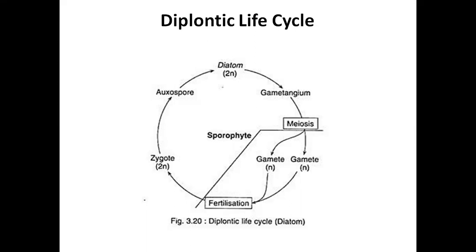Gametes are produced by the process of meiosis. That means reduction division. So gametes will be haploid. Keep this in mind: gametes will be haploid in both these stages. Whether it is haplontic or diplontic, gametes will always be haploid. That is N. Now there will be fusion between gametes and the zygote will be formed. Now when the zygote is formed, by the process of mitosis it will form a new sporophytic plant.